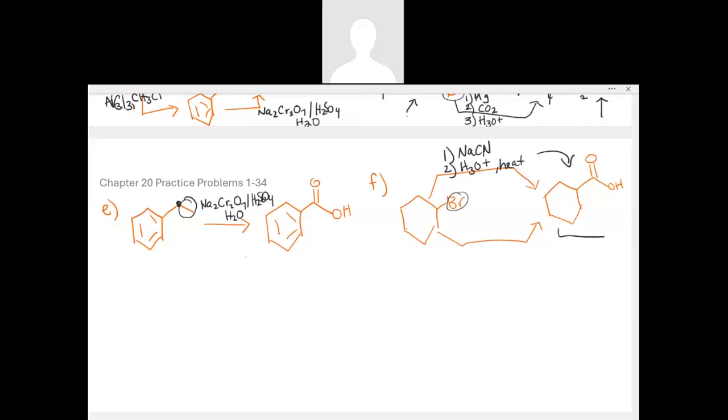Or we could take a second pathway here using the Grignard approach. So we could add magnesium, then we could use CO2, and then aqueous acid in a third step here, and that would also generate our cyclohexane carboxylic acid product.